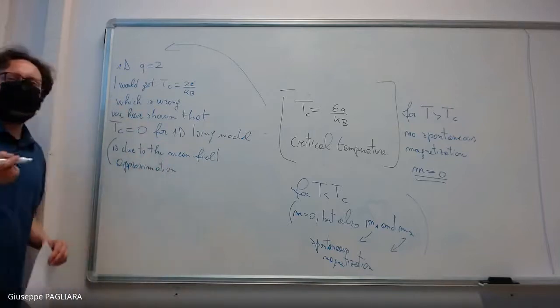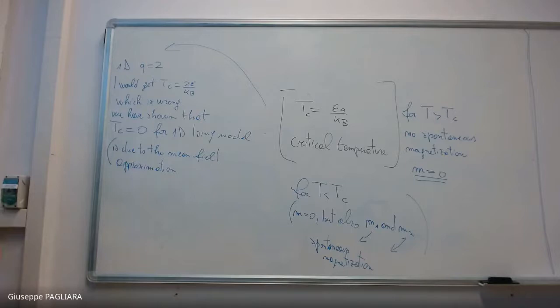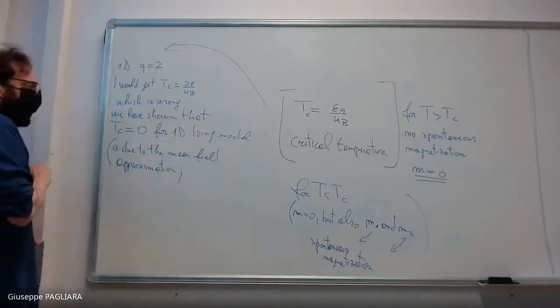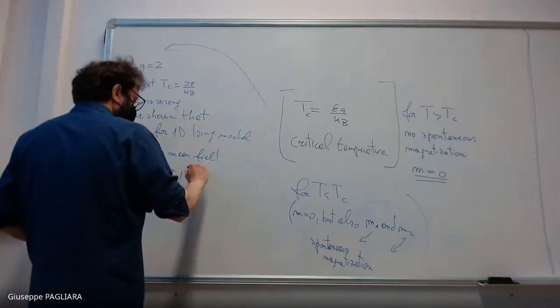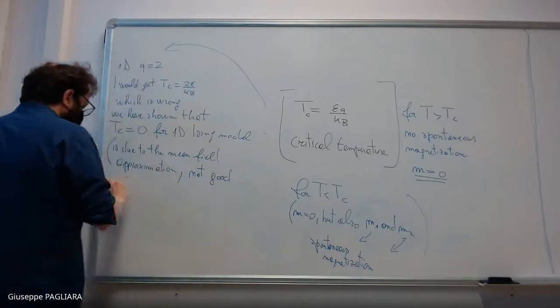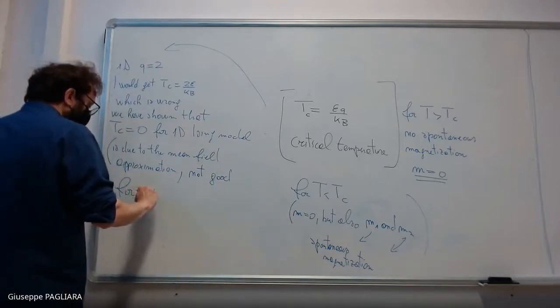The fact that I do not recover the result for one dimension is due to the mean field approximation, since that one was exact, while this one is computed within the mean field approximation. As a general trend, one can show that the mean field approximation works fine for large dimensions. At smaller numbers of dimensions, it breaks down.